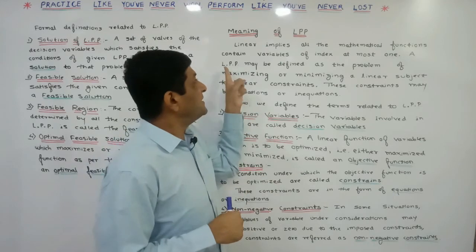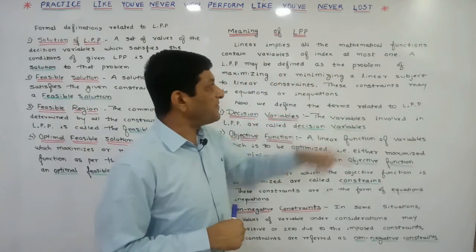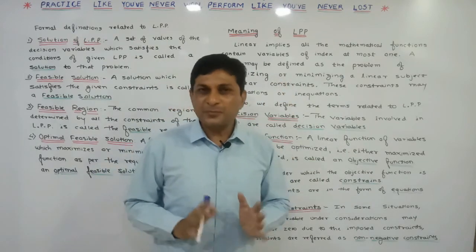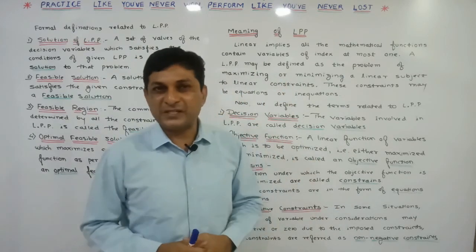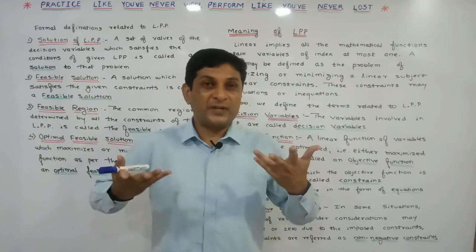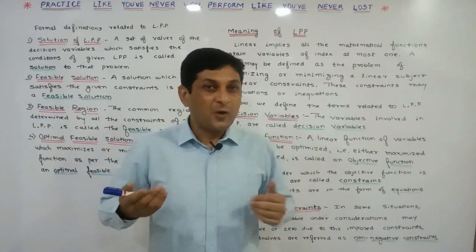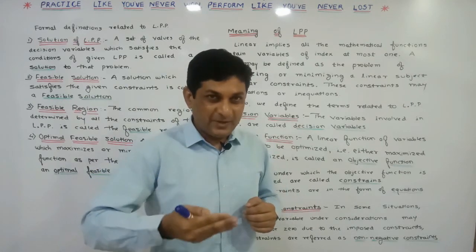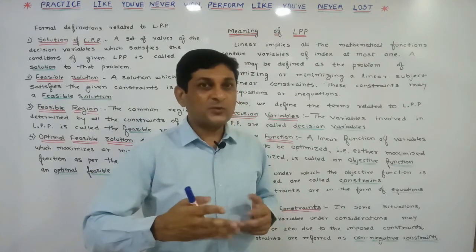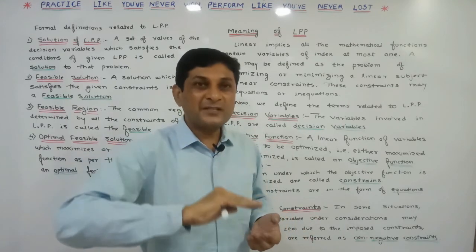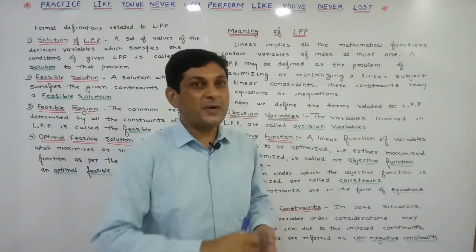And a linear programming problem may be defined as a problem of maximizing or minimizing. Suppose one manufacturing firm, one company, is there. What will be its aim? To maximize its profit. Or if the company requires some labor or raw material, its aim is to minimize the cost of the labor and the cost of the raw material.